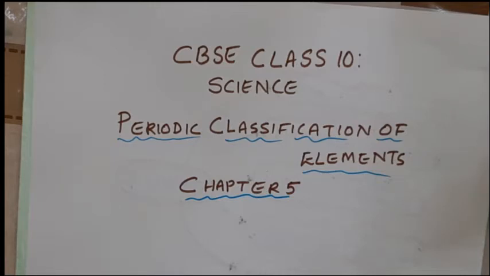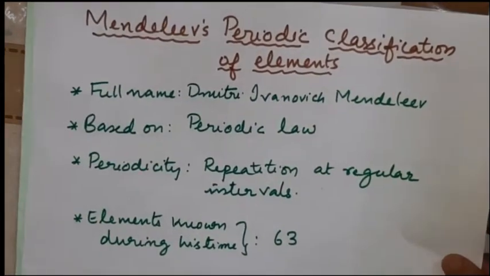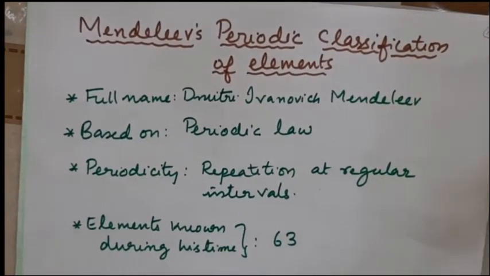You have learnt about their attempts and why these were not so famous among the scientists. The next attempt was made by another famous scientist, Mendeleev. Mendeleev's periodic classification of elements.